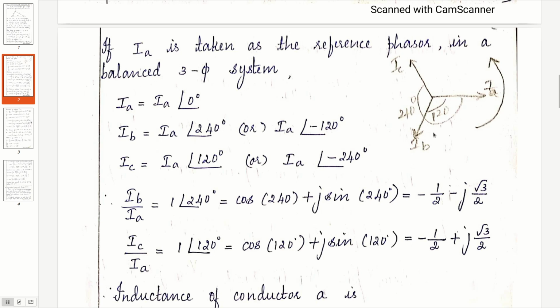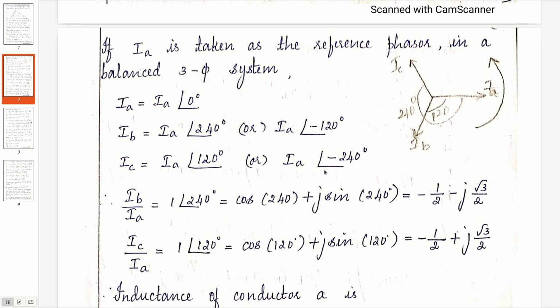Along the clockwise direction, IB is ahead of IA by 240, so we can write IB as IA angle minus 120 or IA angle 240 degrees. In the same way, IC is lagging behind IA by 240, or we can say it is leading IA by 120. So we write IC as IA angle 120, or IA angle minus 240.